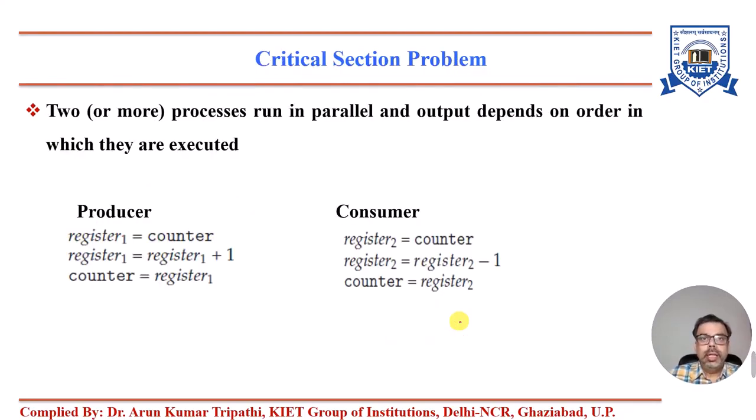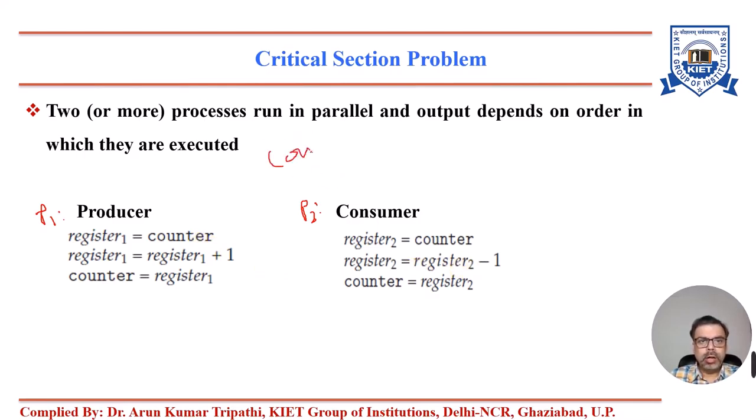For this there is a buffer, and the buffer should be of limited size. Now I am taking an example to explain what a race condition is, how the critical section problem is created, and how we can resolve it. Suppose there are two processes. The first is the producer process and the second is the consumer process. The producer process is incrementing the value and the consumer process is decrementing the value.